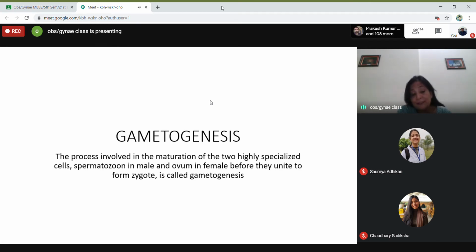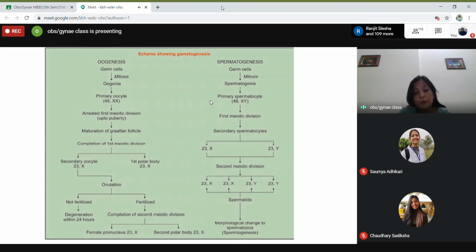Gametogenesis is the process involved in the maturation of 2 highly specialized cells, spermatozoon in male and ovum in female, before they unite to form the zygote. So oogenesis is the gametogenesis of the female, and spermatogenesis is in the male.